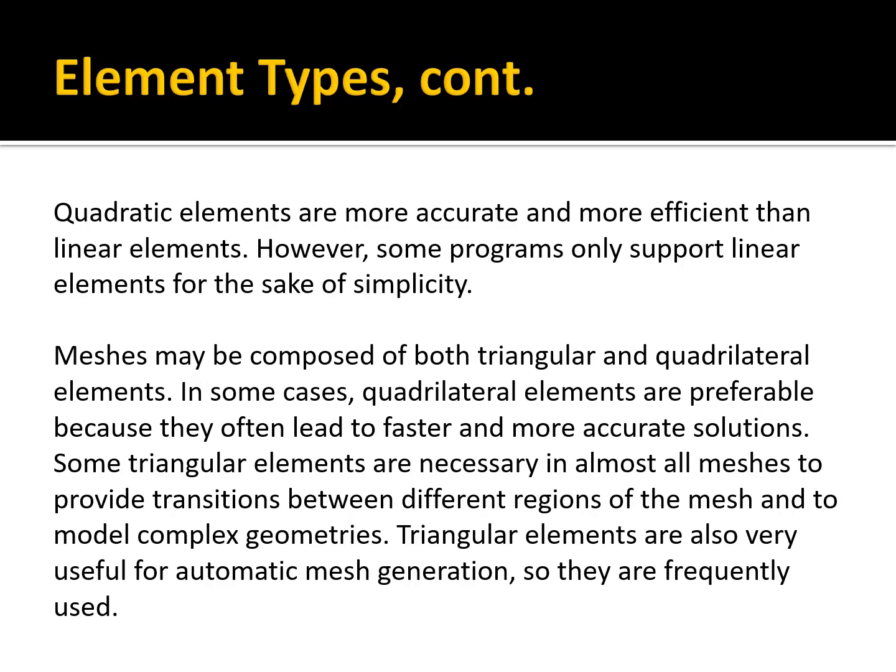You often have to use some degree of triangular elements just for the sake of geometry to put it together at the edges. However, let me also say that when you're generating a finite element mesh, if it's all triangles, there are a number of really powerful automated mesh generation algorithms. And so they are frequently used.